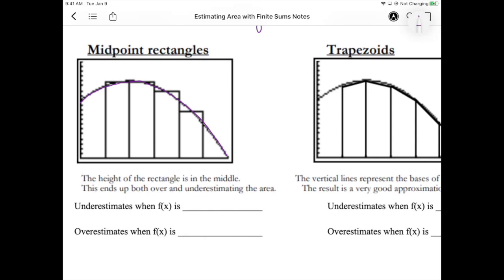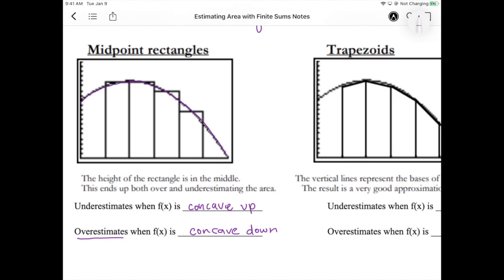So we have an overestimate when f of x is concave down, like a frown. And it's going to underestimate when f of x is concave up.